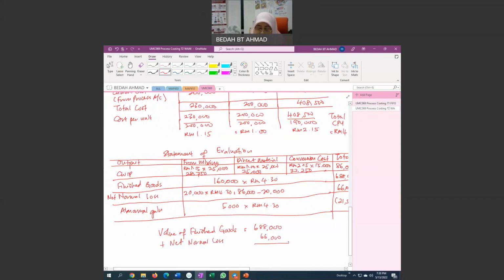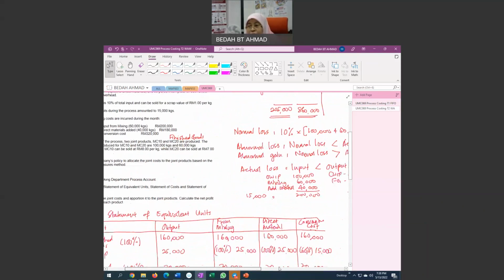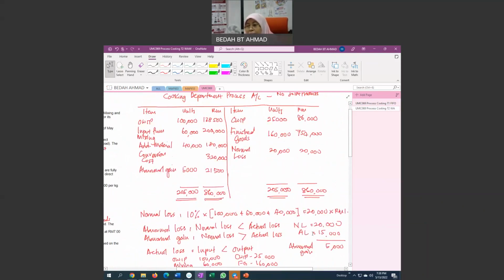So that will give us the final value of finished goods: 754,000.